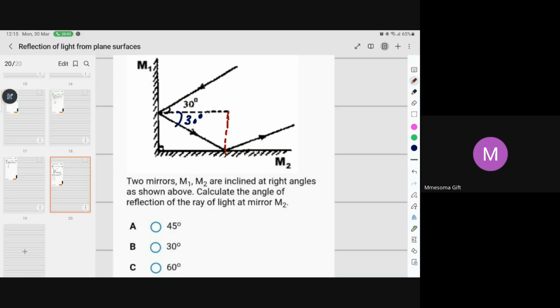If the ray makes an angle theta with the normal of the first mirror, that line I just drew, it will strike the second mirror at an angle 90 degrees minus theta. So that theta now is 30 degrees. What we're going to do is 90 minus 30 to give us 60 degrees. So the angle at M2 in this case is 60 degrees.